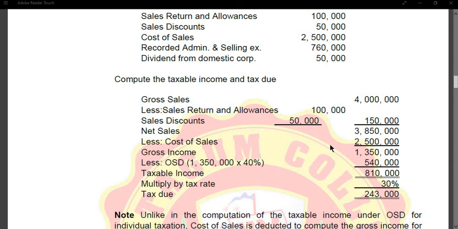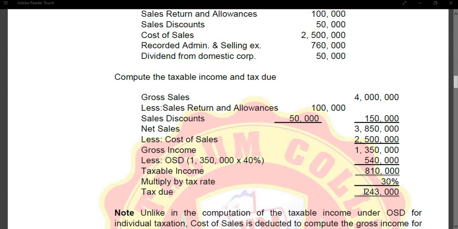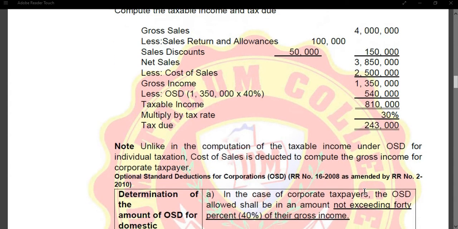So moving forward, 1,350,000 pesos minus 540,000 pesos, that gives you a taxable income of 810,000 pesos multiplied by the tax rate or the regular corporate income tax of 30%. That gives you a tax due of 243,000 pesos.